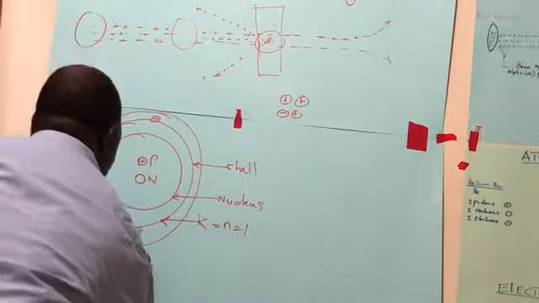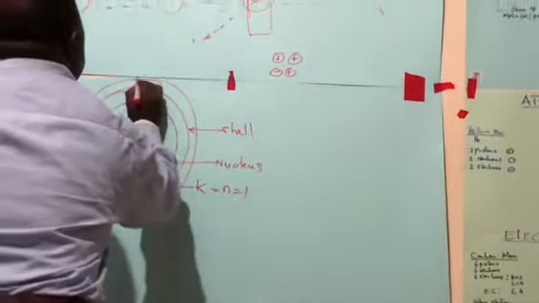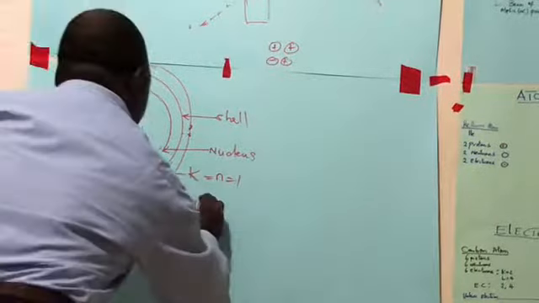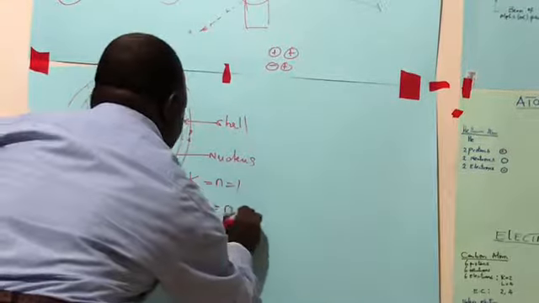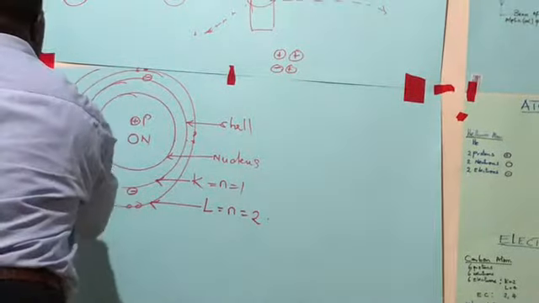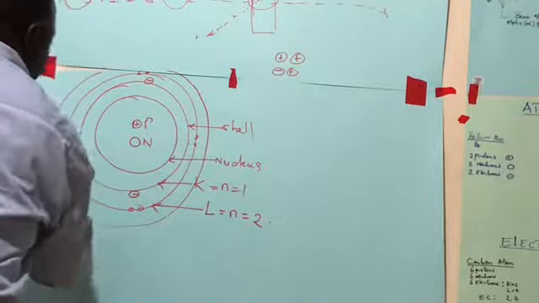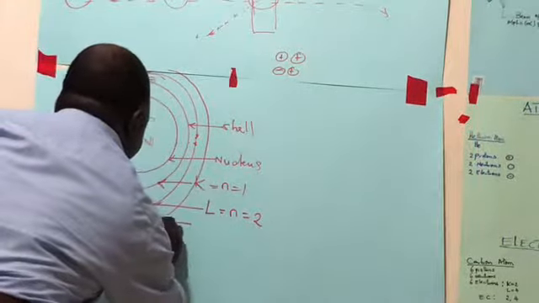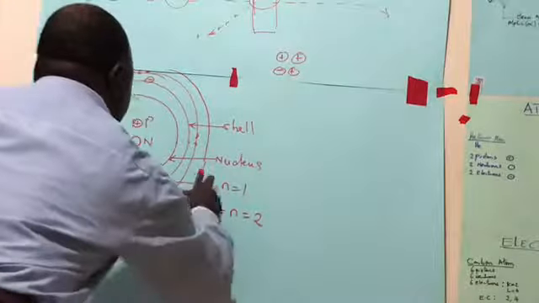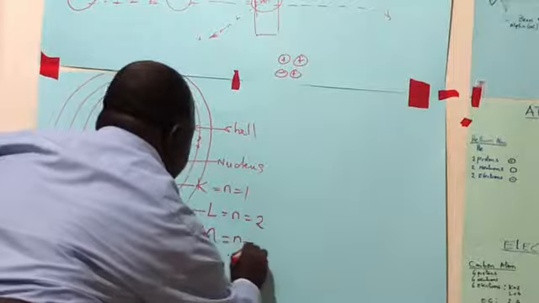Then the second shell, where electrons are also found. Let's say these are electrons. The second shell we call L, which is n equals 2. The third shell we call M, which is n equals 3.